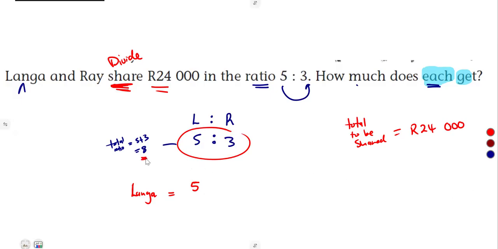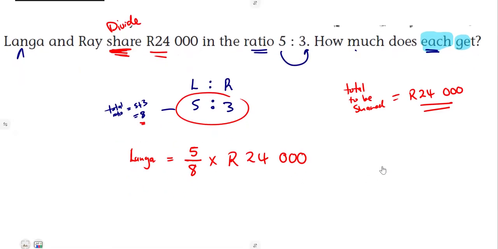Out of the total when they are combined together, because we are taking a total amount. So it is out of the total 8, which is our ratio, times the total to be shared, which is 24,000 rand. Just like that. Same way that we obtained before.